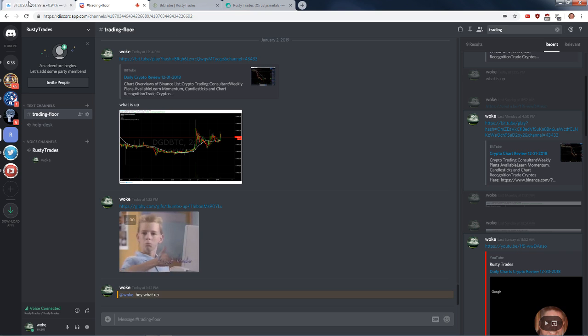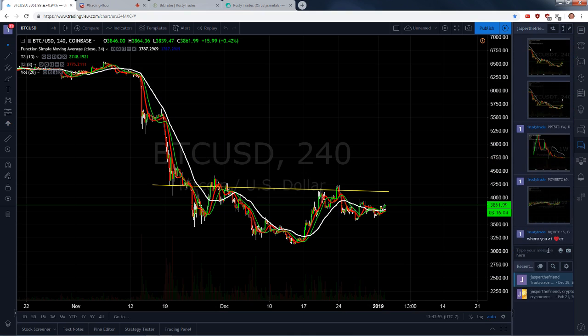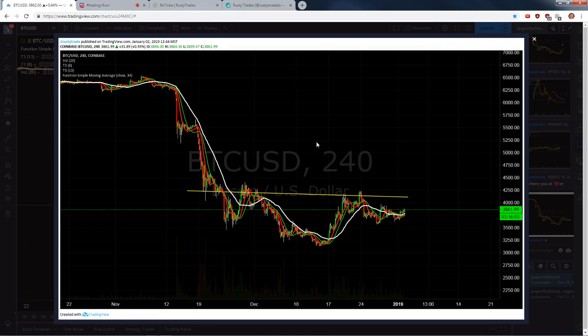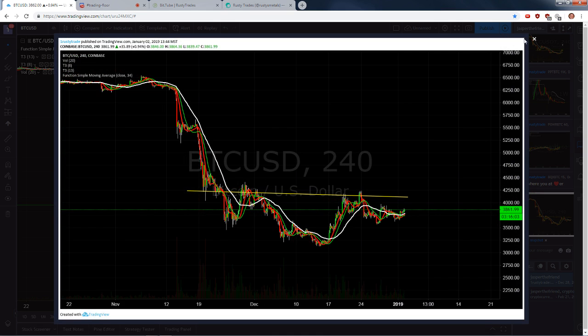Let's go to trading desk over here. This is for any social media pictures or whatnot. You want to get a picture like from Facebook or wherever you're at. You want to right click, copy image.